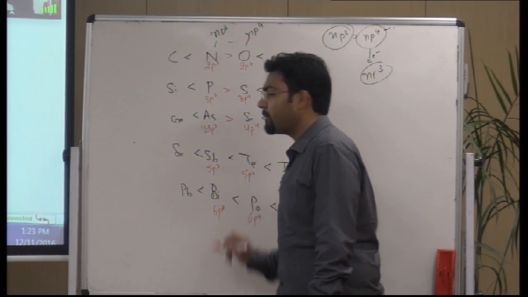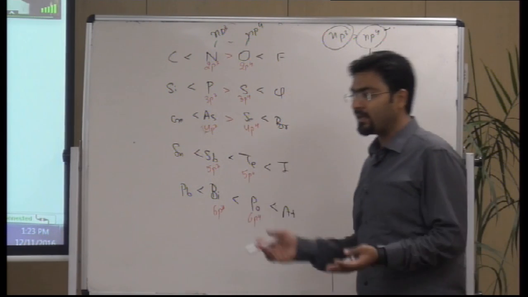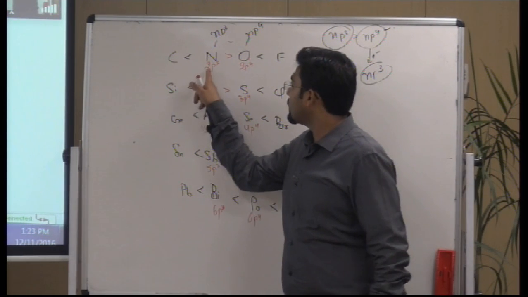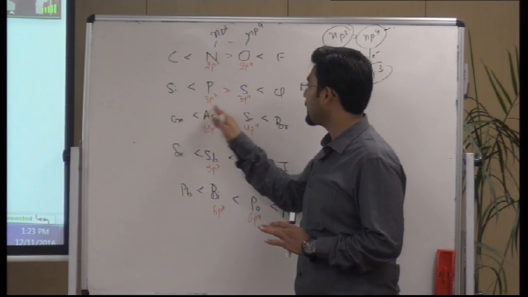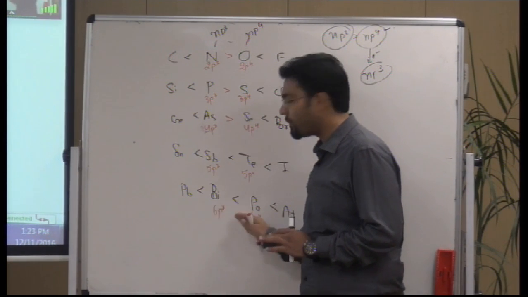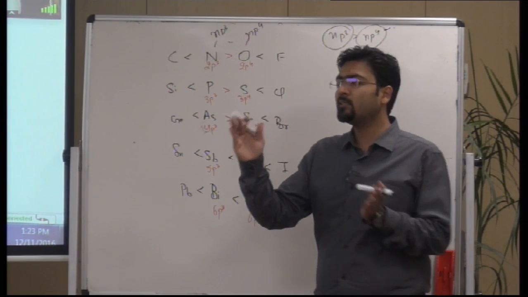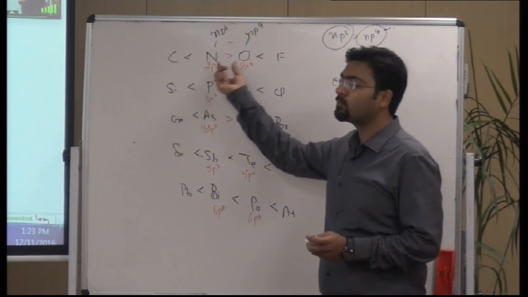Now what really happens when we go down the group is that the size of the orbital increases and its energy changes, right? So definitely 2p3 is more stable than 2p4, 3p3 is more stable than 3p4, and this is the same down the group. But the difference in their stability is not that high as we go down the group. For example, 2p3 is much more stable than 2p4.